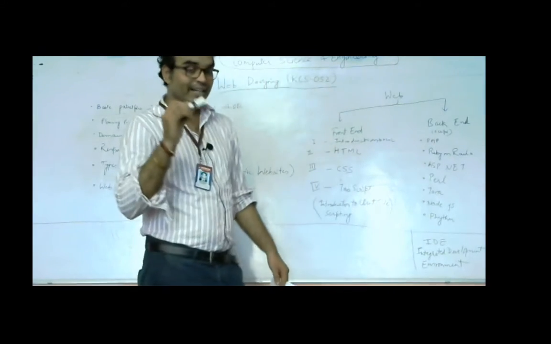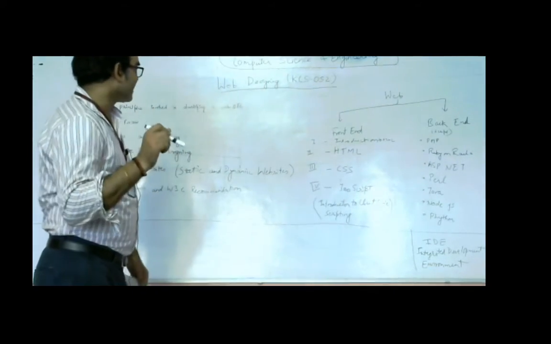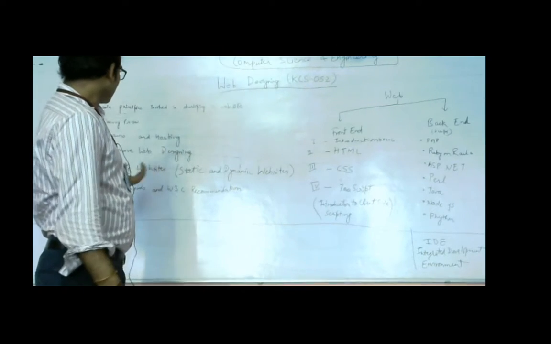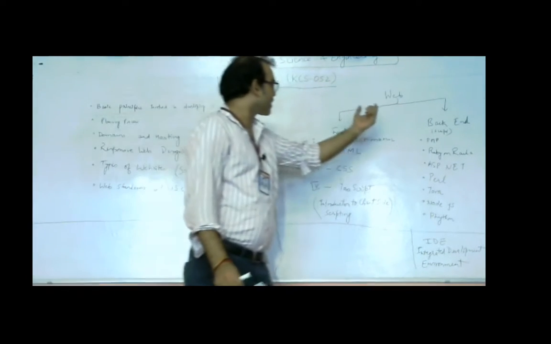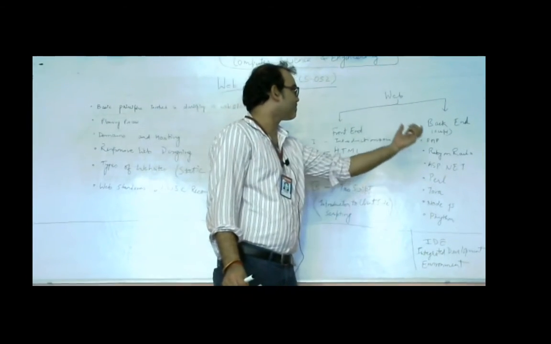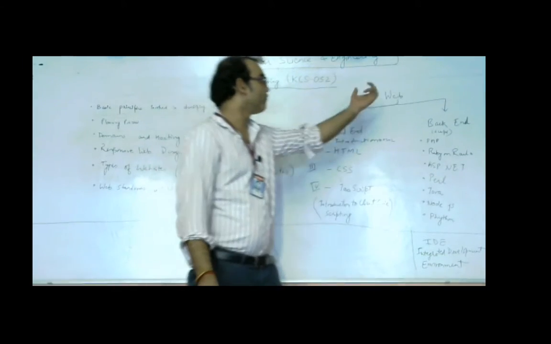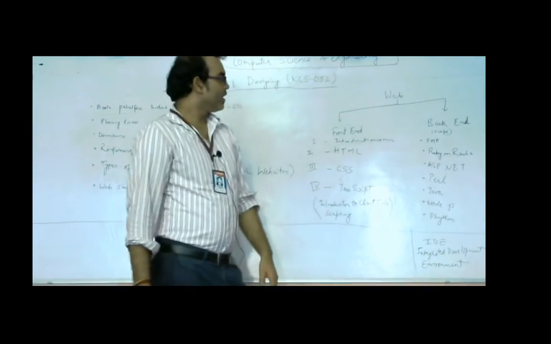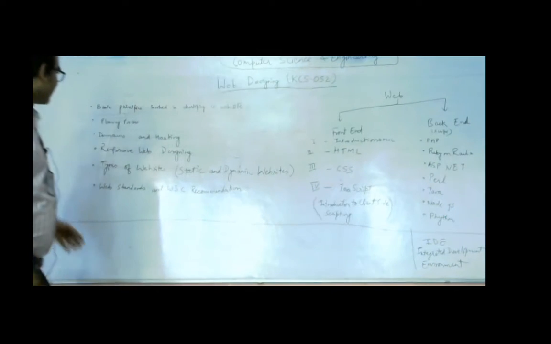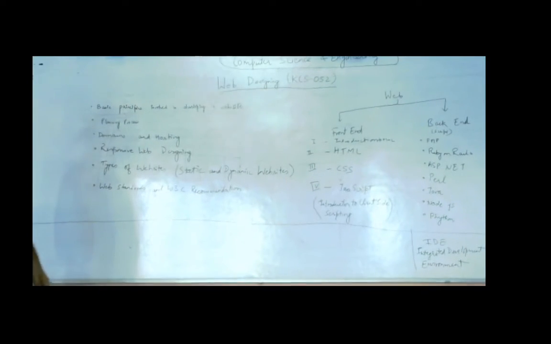In the technical analysis part, we need to consider the front end and the back end of the web environment. Then we go for the domain and hosting. What really is this domain and hosting all about?